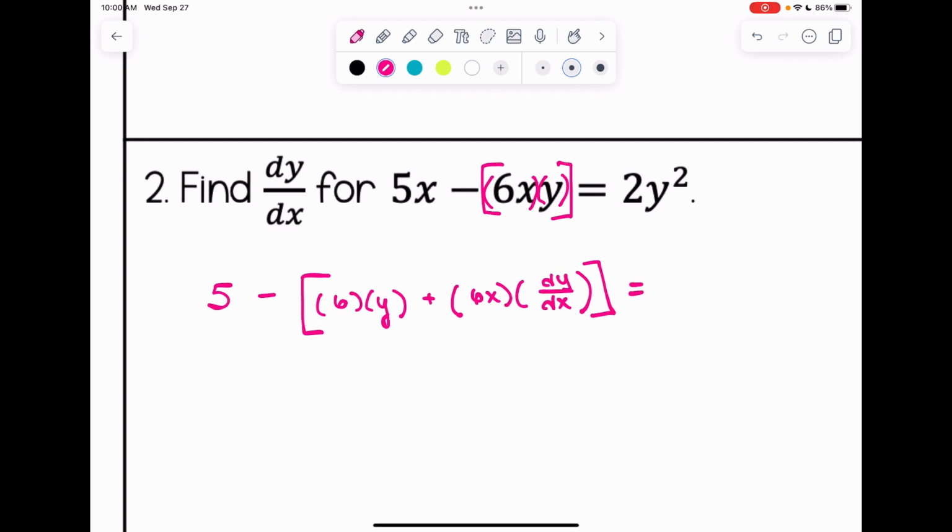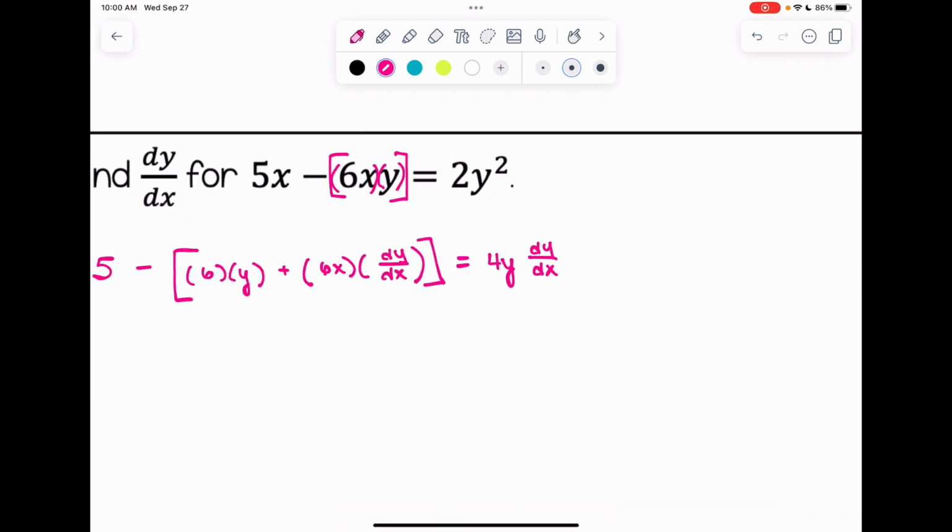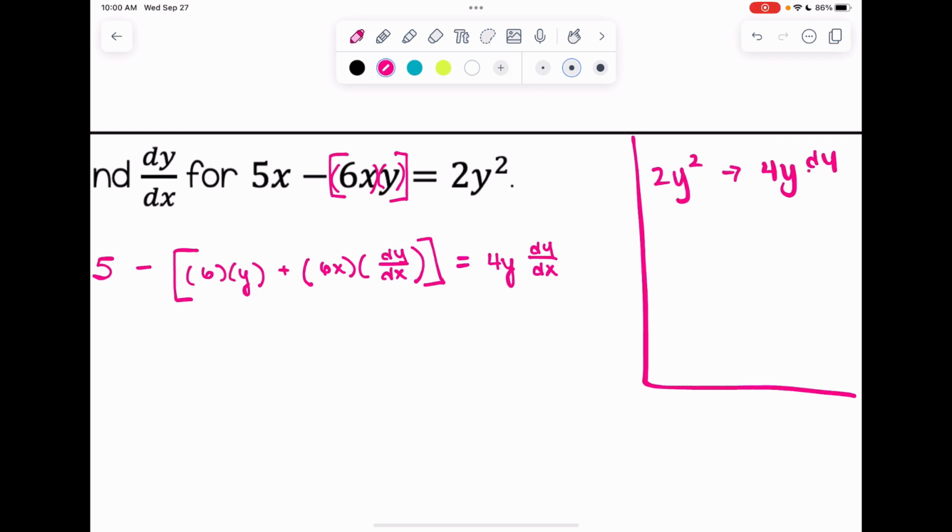And over here on the right, the derivative of 2y squared is going to be 4y dy/dx.